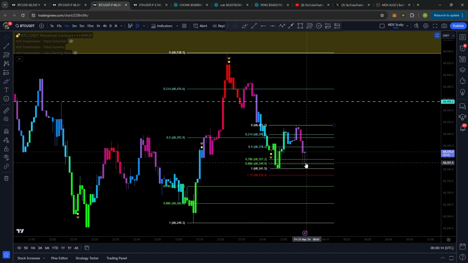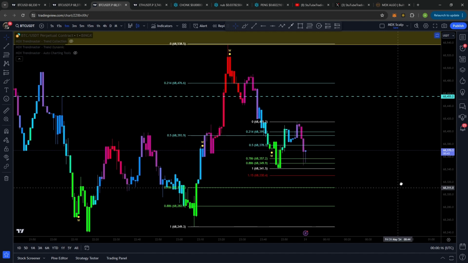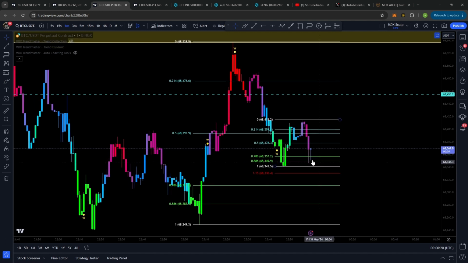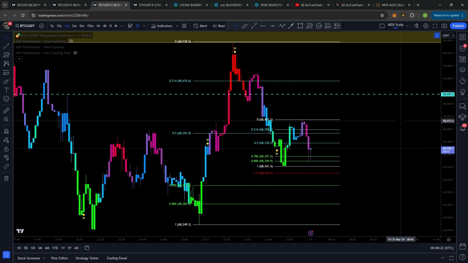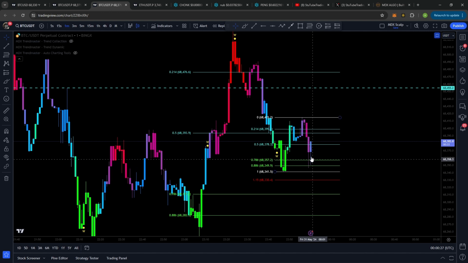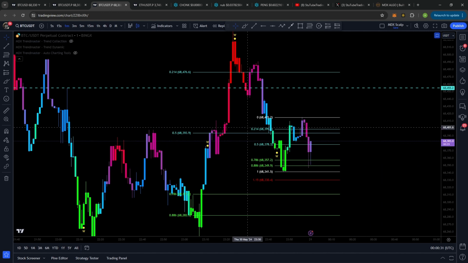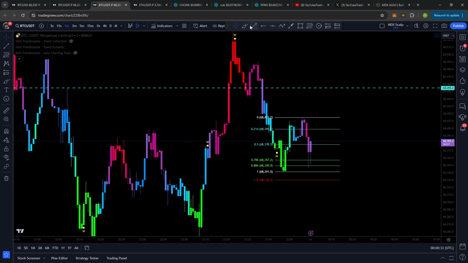Just look at that immediate reaction out of that pocket, hey? Even if it doesn't play out, you can just see that there's obviously interest there. And there it goes. That would have been TP1. See if we end up hitting TP2 as well.